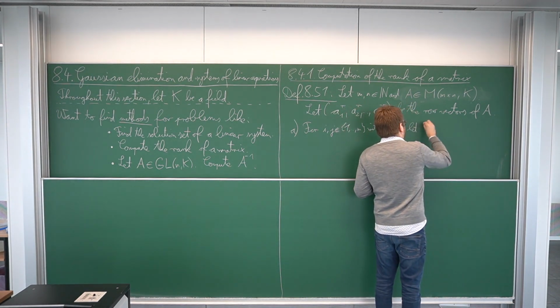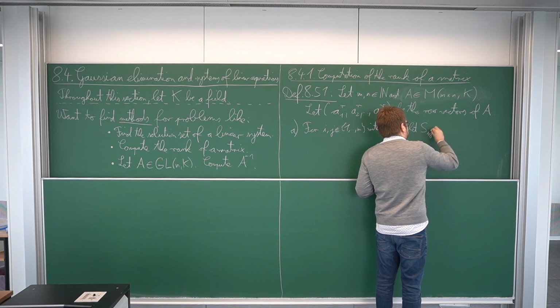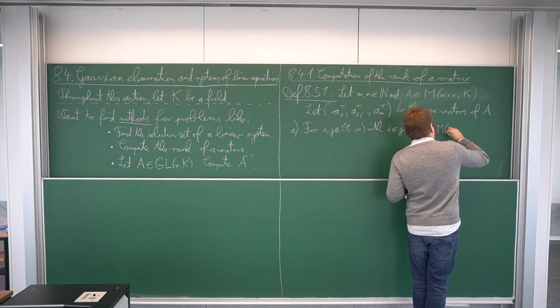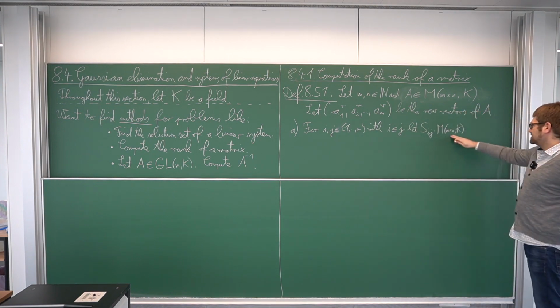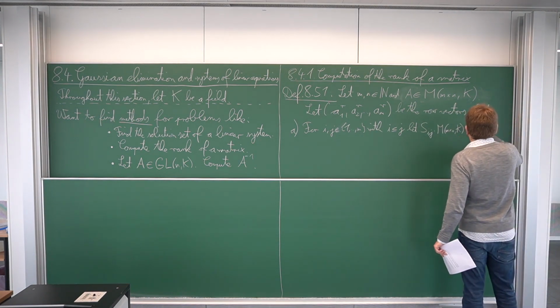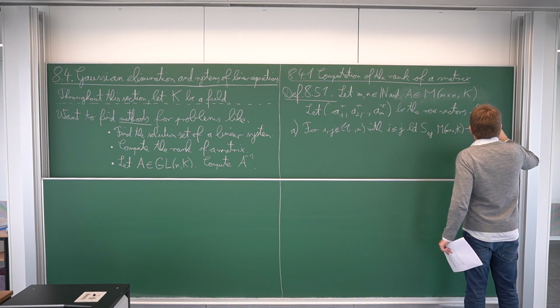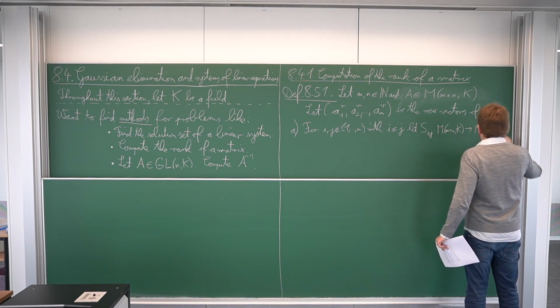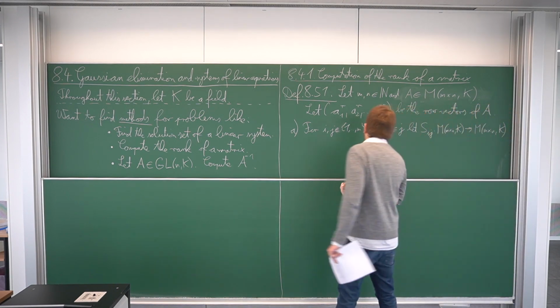We define some operation Sij, which is a map from the set of all m times n matrices over K to m times n matrices over K. So it just converts a matrix to a matrix of the same size.